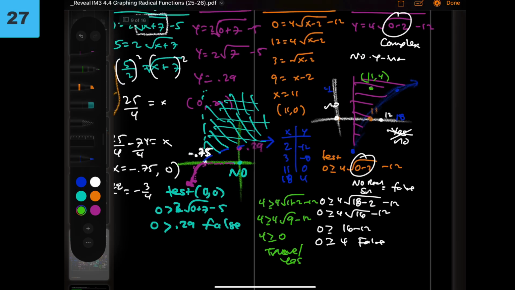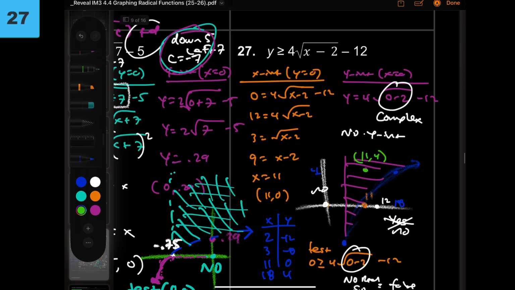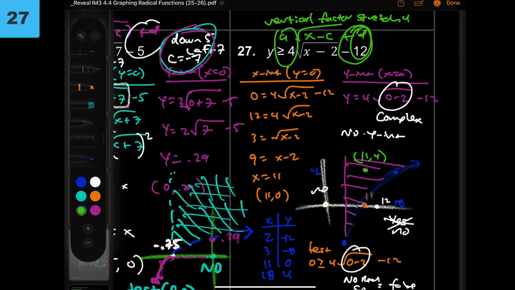Okay, how do you do it by transformations? Remember, a times the square root of x minus c, plus d. So you have a vertical stretch by a factor of 4. Okay, you're going down. So down 12.